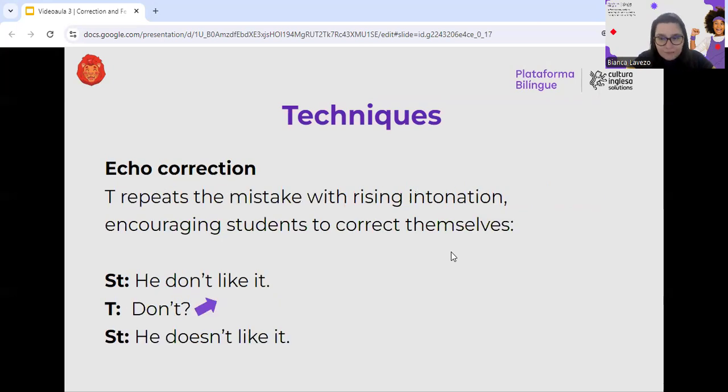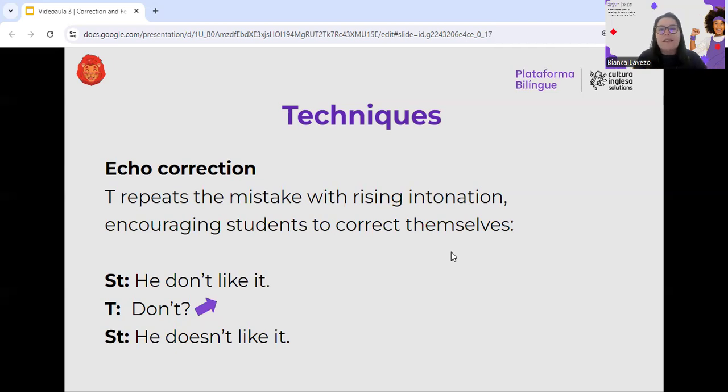The last one is one that we also use frequently, right? It's the echo correction. The teacher repeats the mistake with a rising intonation so as to show learners that the problem happens there, in the moment of the teacher's intonation. And then hopefully the students will correct themselves.